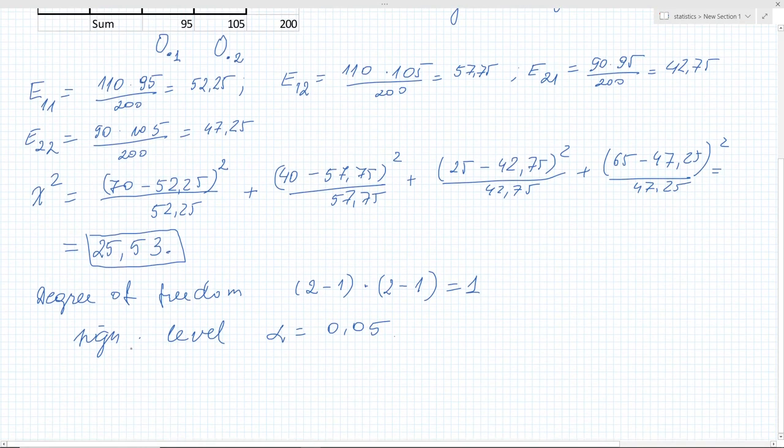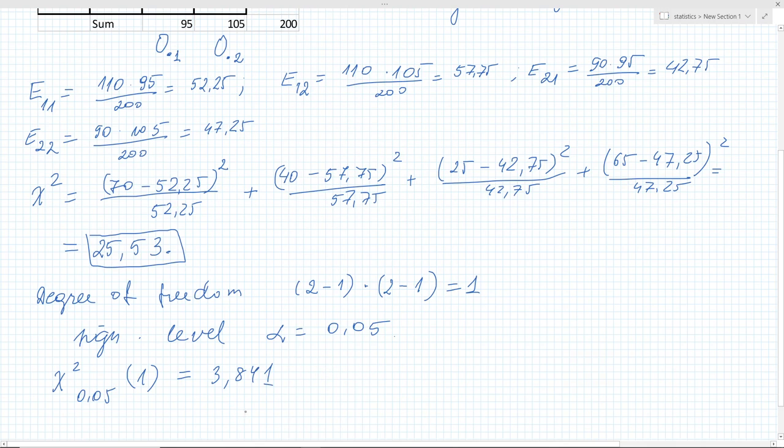Then the critical value of our test is equal to 3.841, and it can be found in the tables of critical values of the chi-square distribution.